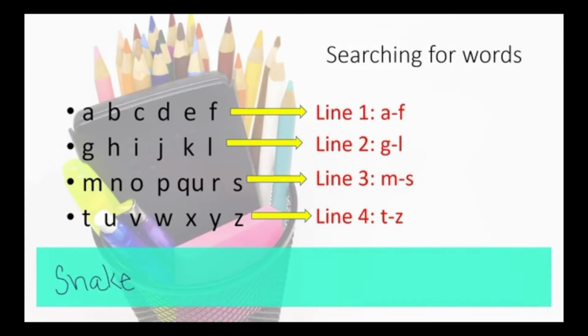So let's decide which line snake would go in. It should be line 3. I can then look at the word lamp. Lamp would go in line 2. Then I could look at the word hat.